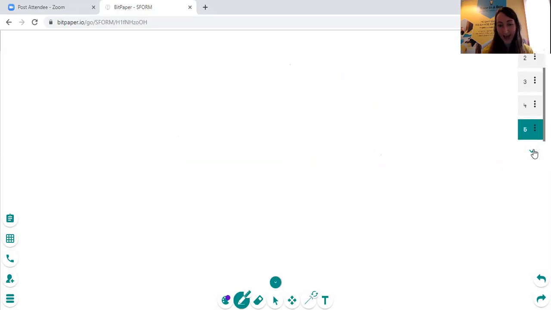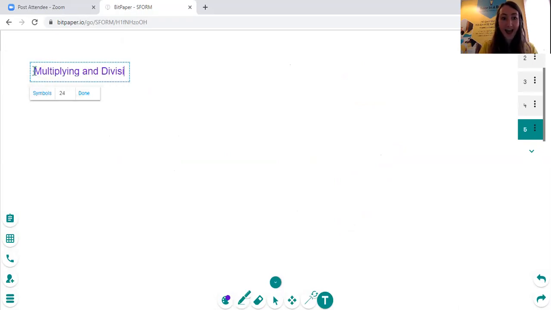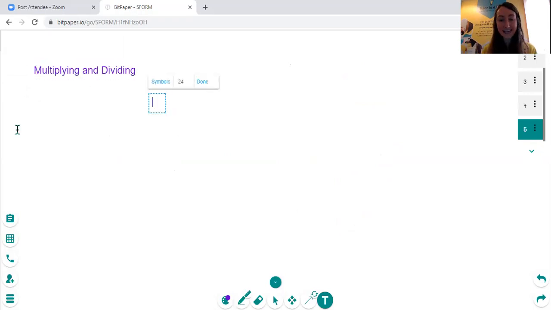Cool. Okay, so far we've been looking at writing a number in standard form and writing a number in ordinary form. Okay, and there's a couple more bits that you need to know about standard form. The next thing we're going to be looking at is multiplying and dividing numbers in standard form.